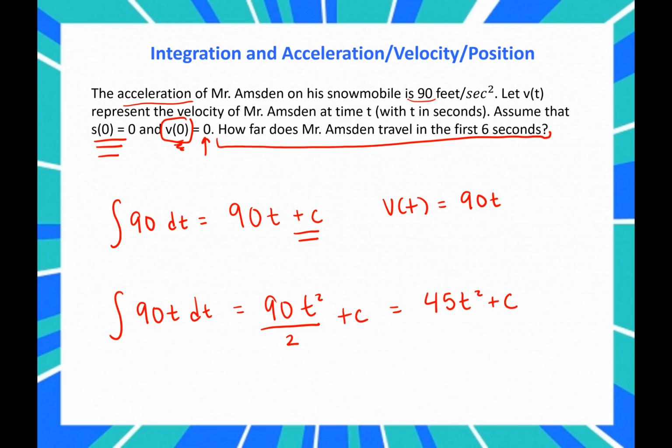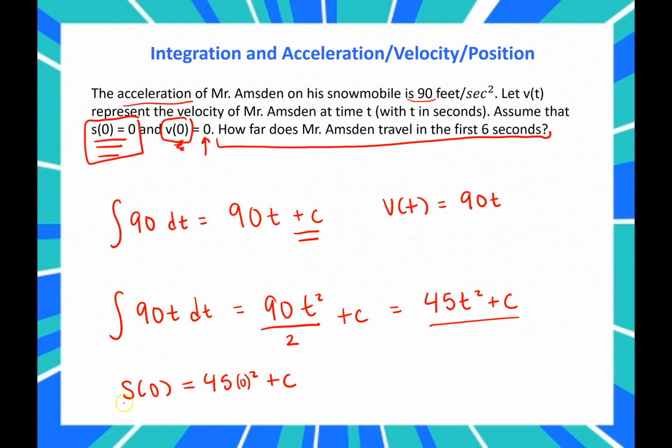All right, now, we also know that our s of 0 is equal to 0. So what did we just find? Well, that was the position function, 45t squared plus c. Well, we know that s of 0 equals 0, so I can replace my t with 0.